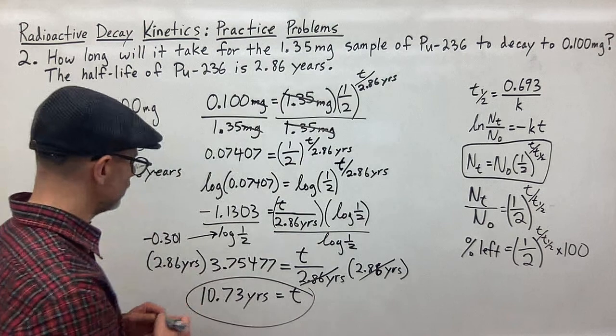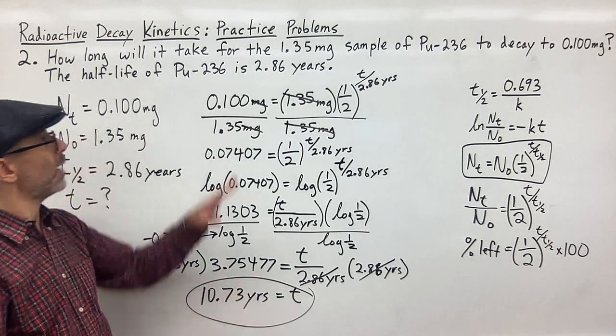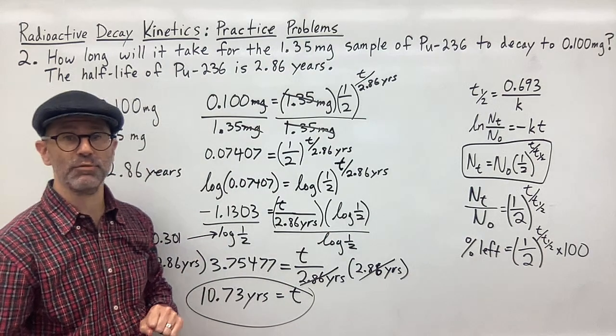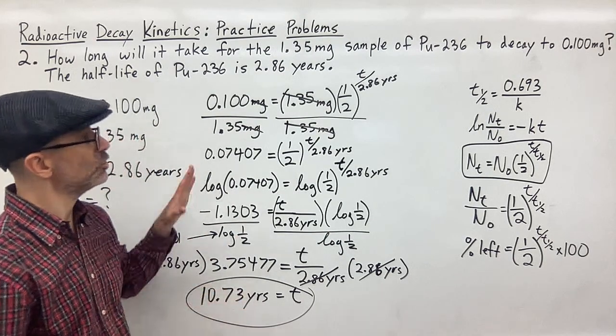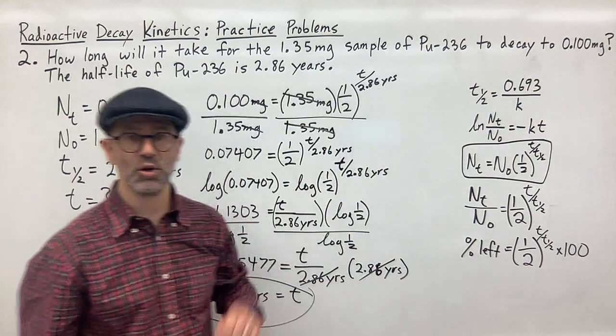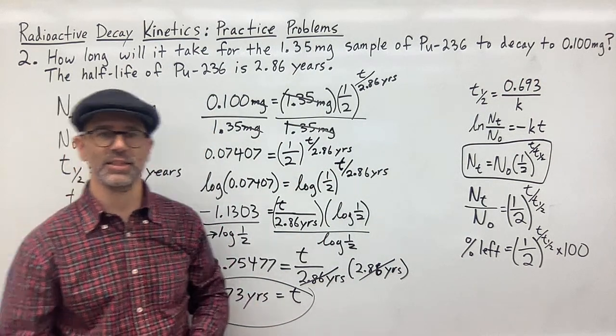So that is the answer. This is the amount of time it would take for my 1.35 milligram sample of plutonium-236 to decay to 0.1000 milligrams. And so that's how it's done, ladies and gentlemen.